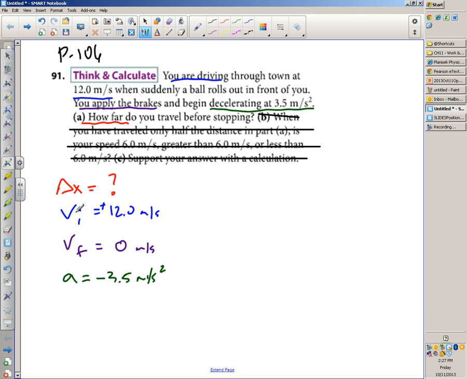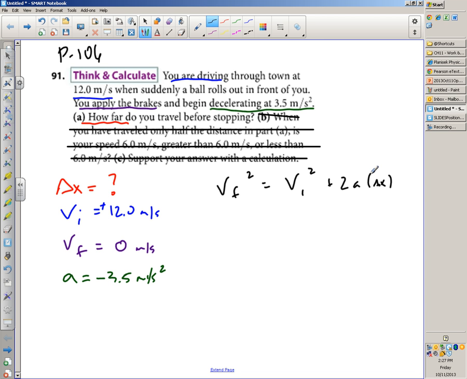So you pull out your list of kinematic equations, or you look over on the plaque over there on the side of the wall. And you find that this equation has those 4 variables, right?